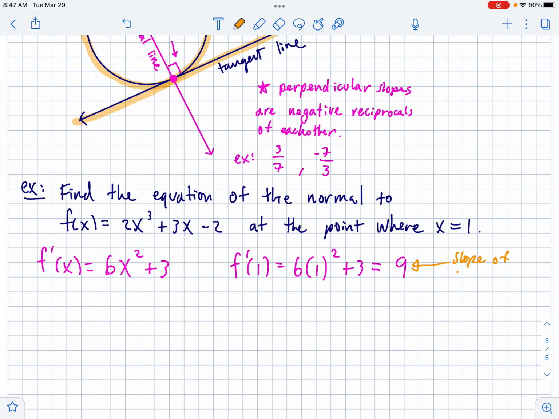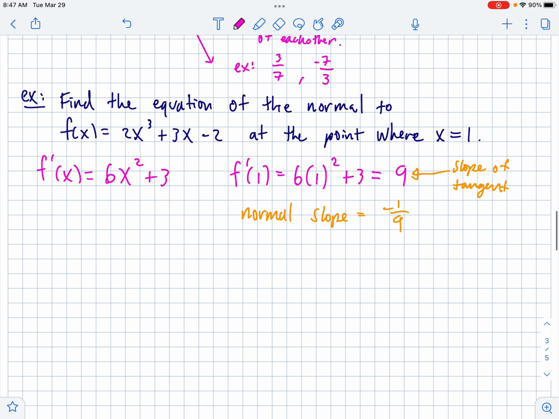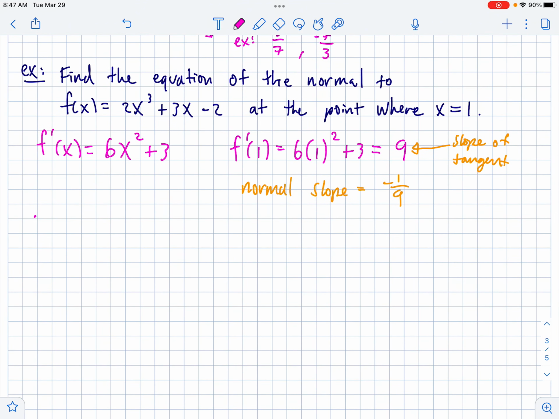Now, that 9 is the slope of the tangent, but we want the slope of the normal. So that means the normal slope is the negative reciprocal. It's negative 1 over 9.